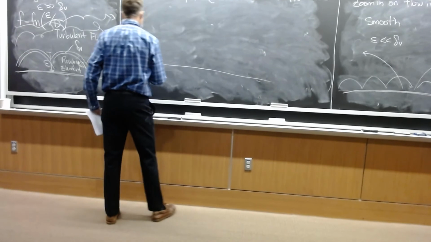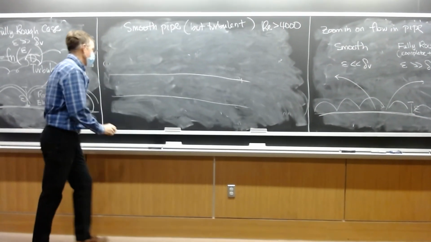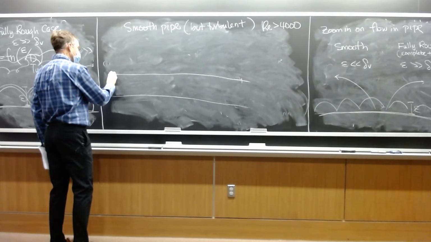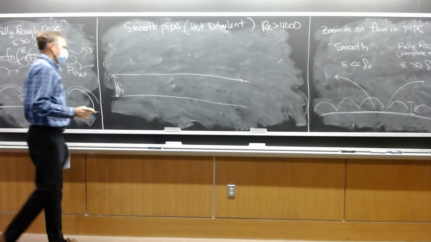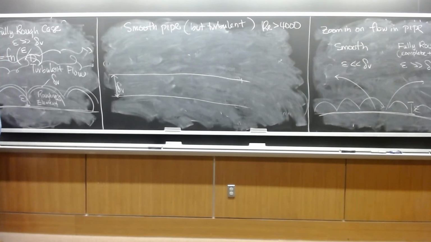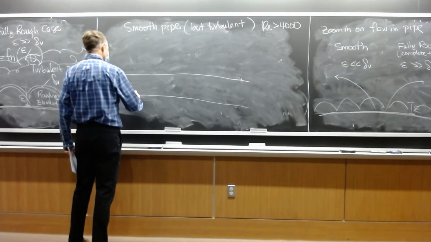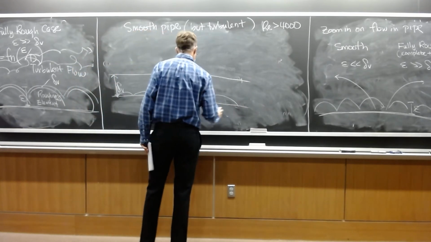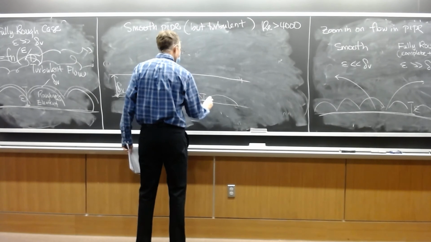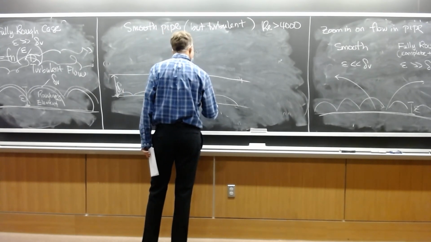So in this case, we might have a viscous sublayer thickness of that, and a roughness height of that.